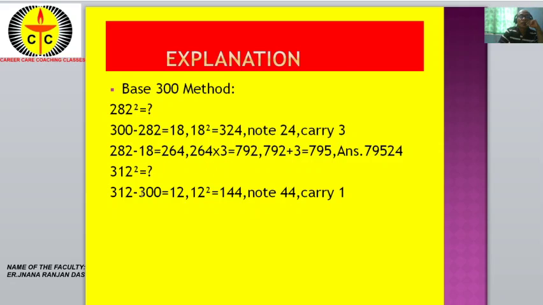Similarly, we can find the square of the number 312. We find how much it is in excess over 300, that is 12. Take the square of 12, that is 144. Note 44, then carry 1.